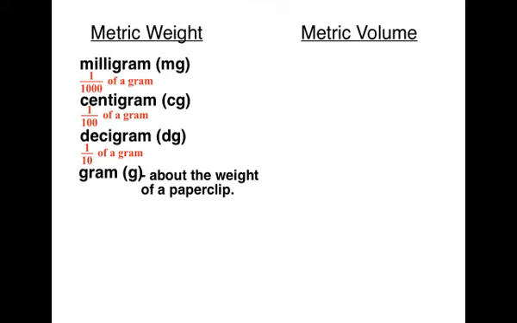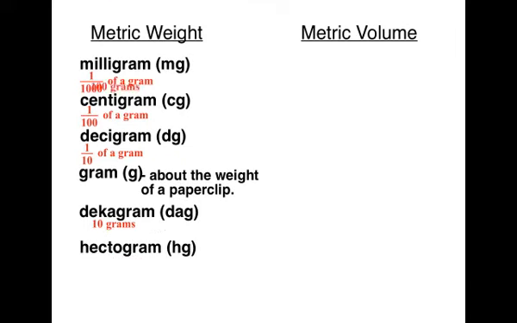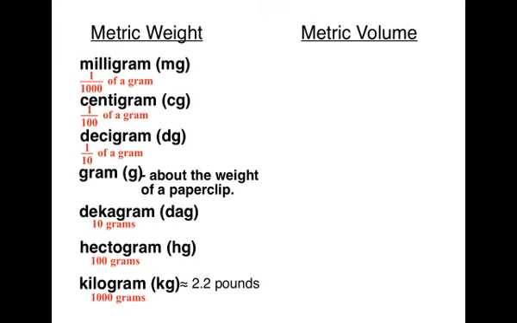And milligram, imagine cutting it up into 1,000 pieces. Then you have your decagram, 10 grams, so 10 paper clips. Hectogram, 100 paper clips. And kilogram, 1,000 grams. That's about 2.2 pounds, so almost 2 1/4 pounds.